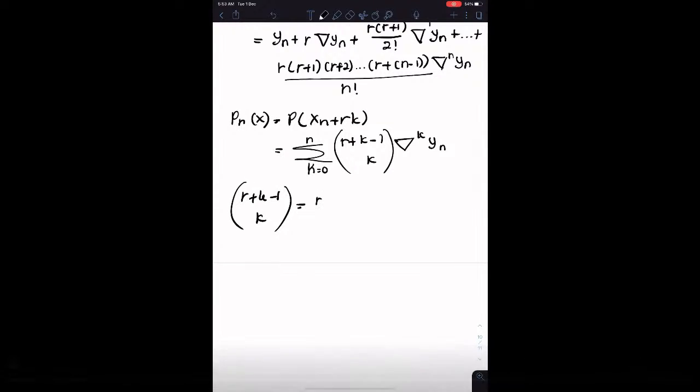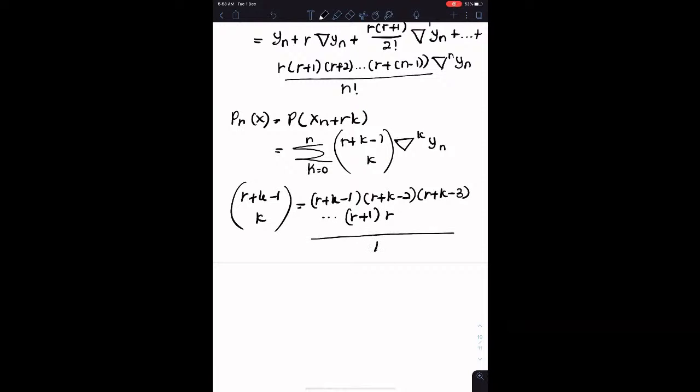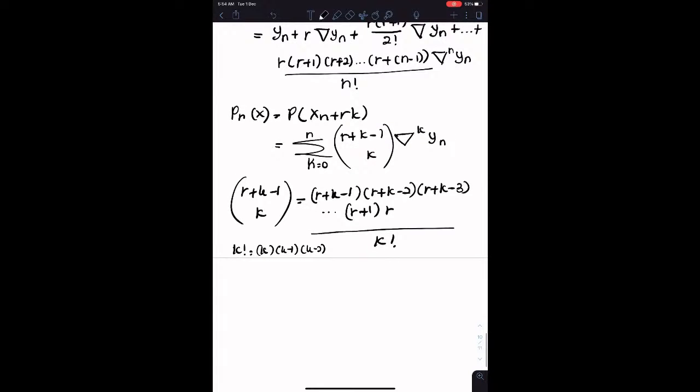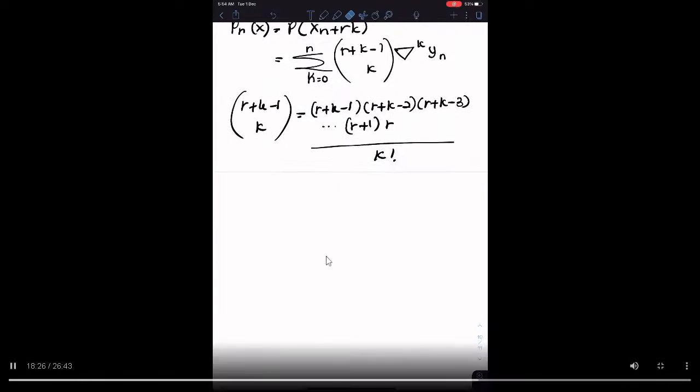We learned already that it is r plus k minus 1, r plus k minus 2, r plus k minus 3, divided by 3 factorial. In our case we need to continue down to r, divided by k factorial. So what is k factorial? 2 factorial, 3 factorial, 4 factorial; 5 factorial is 5 times 4 times 3 times 2 times 1. So that is factorial.